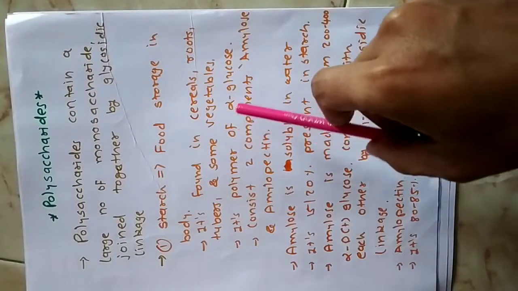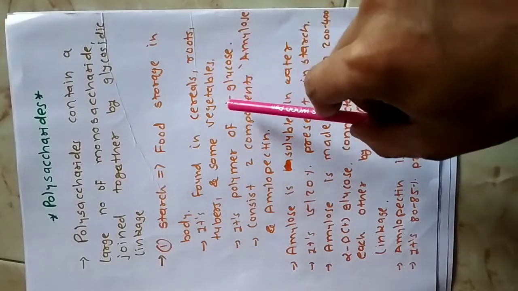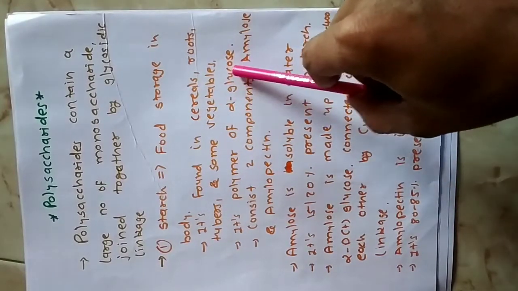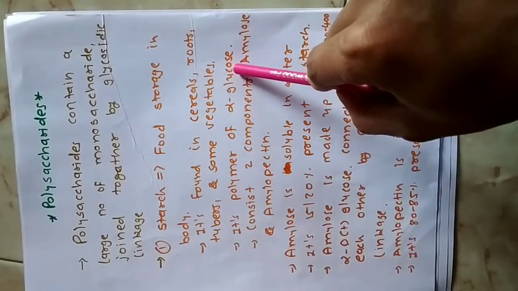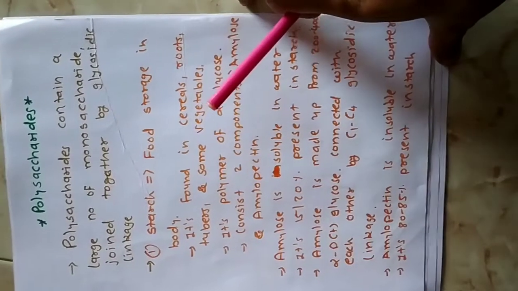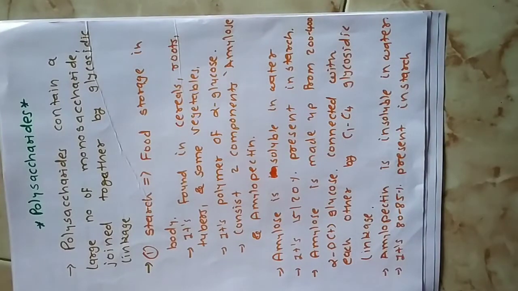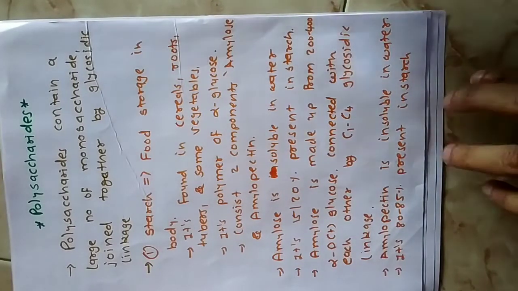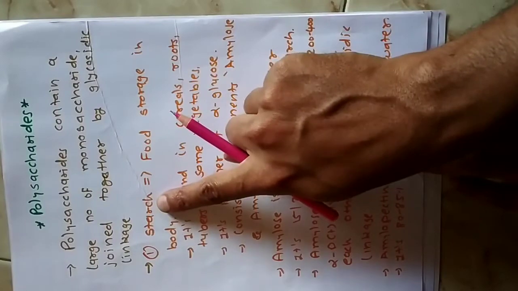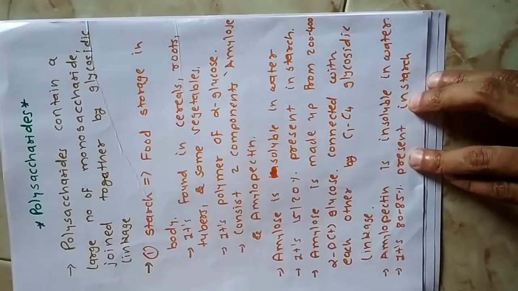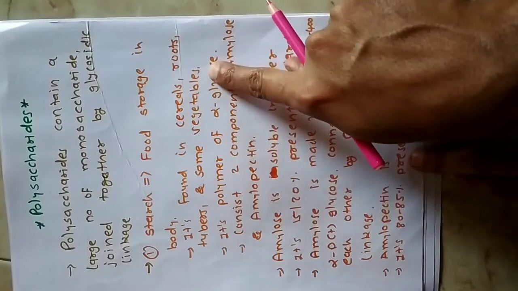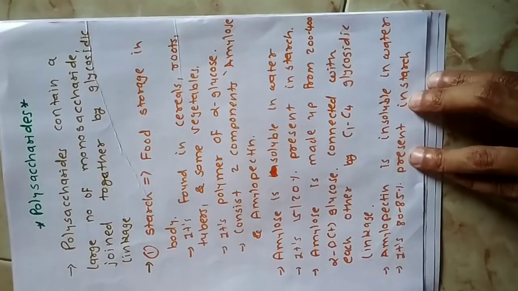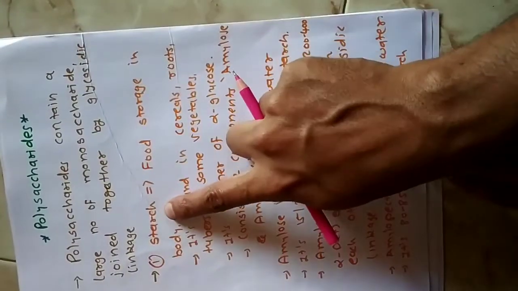This is the monomer of starch, alpha glucose. But these monomers are connected in two different manners in the structure of starch.